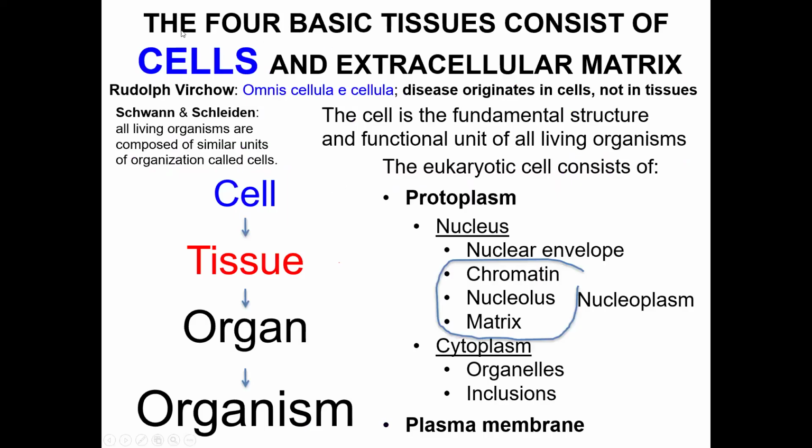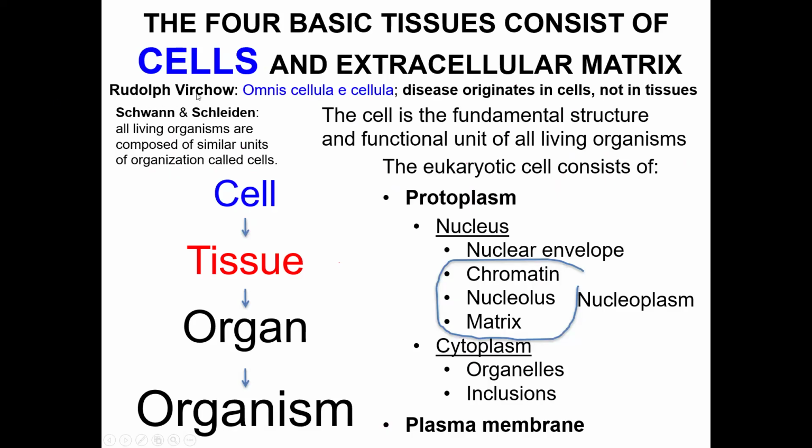So the cells are the organism. Our organism is made of four basic tissues: the epithelial tissue, the connective tissue, the muscle tissue, and the nerve tissue. And all these tissues consist of cells and the extracellular matrix.